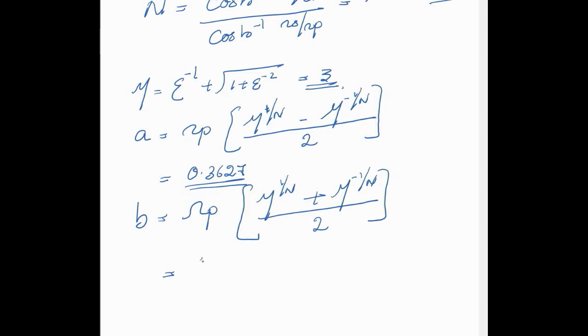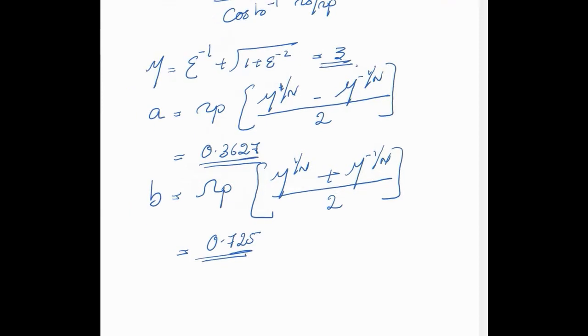Substituting the value, you will get 0.725. Now you have to find the angle phi k. So phi k is equal to pi by 2 plus (2k minus 1) by 2n into pi.